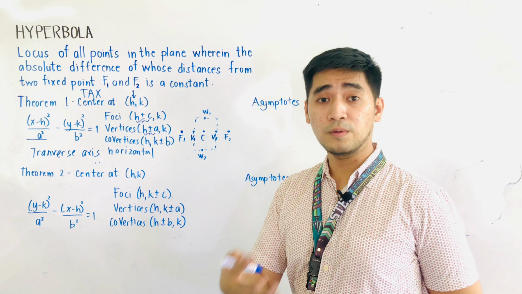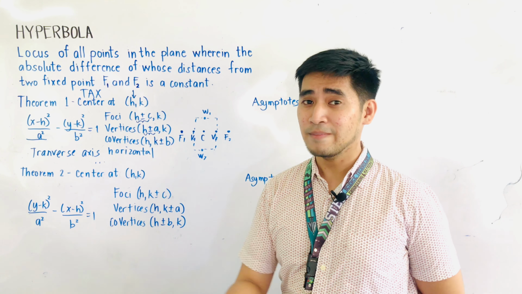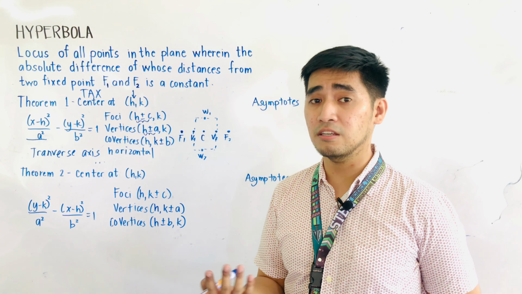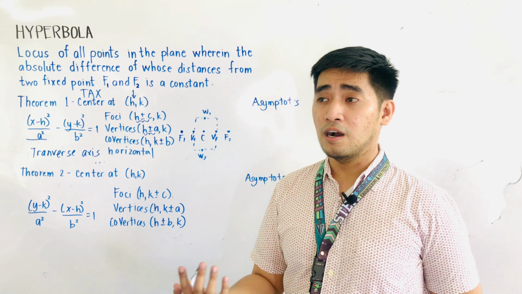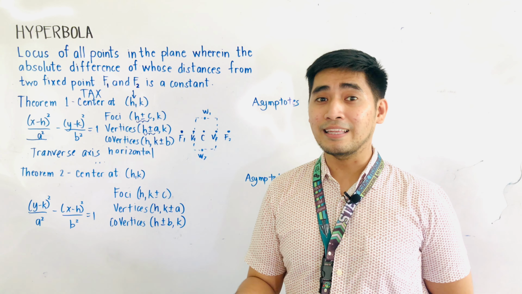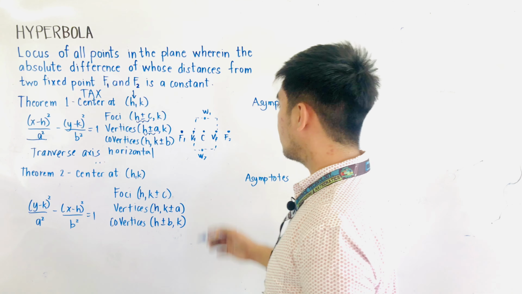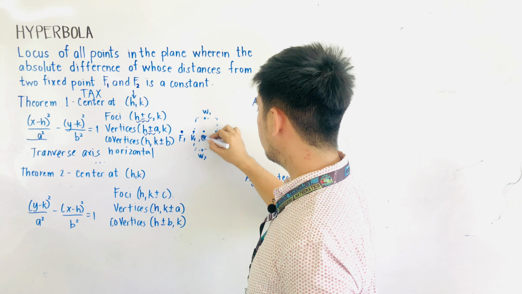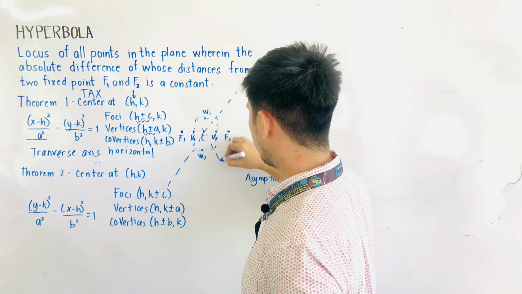Some books will not tell you to plot the covertices. I am only plotting the covertices so that I will not have a hard time drawing the auxiliary rectangle. Remember that the auxiliary rectangle, its diagonals would be the asymptotes of the hyperbola.